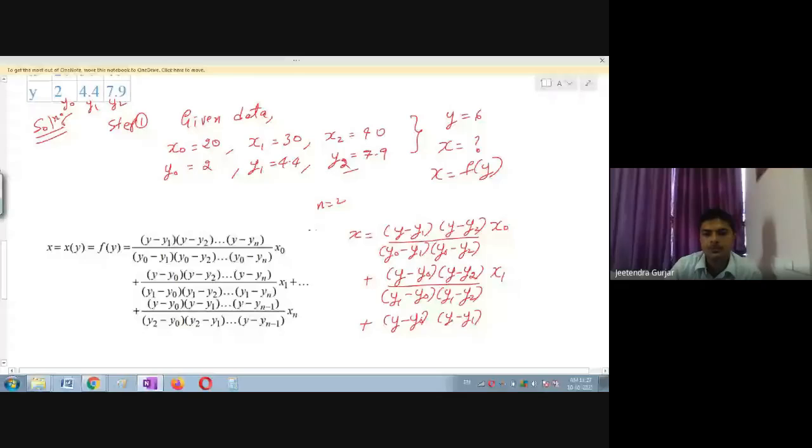Therefore, this is into x2 divided by, here I have x2 is there, means please take here y2 minus y naught and y2 minus y1, but don't take y2 minus y2, again it will become 0.